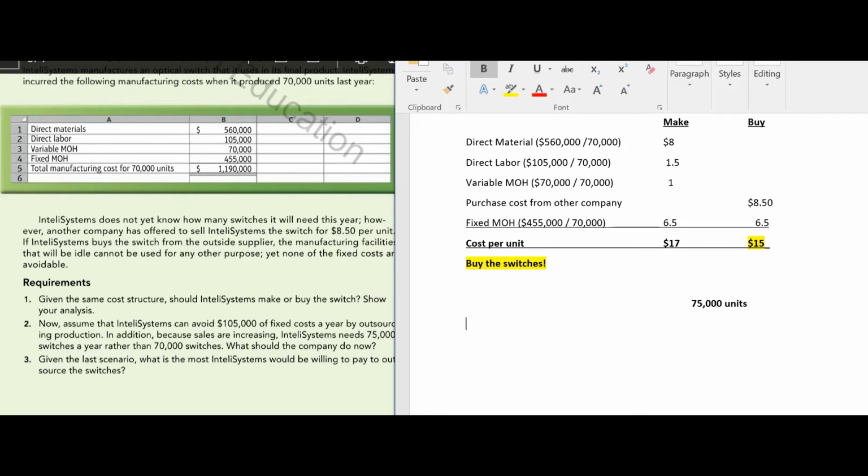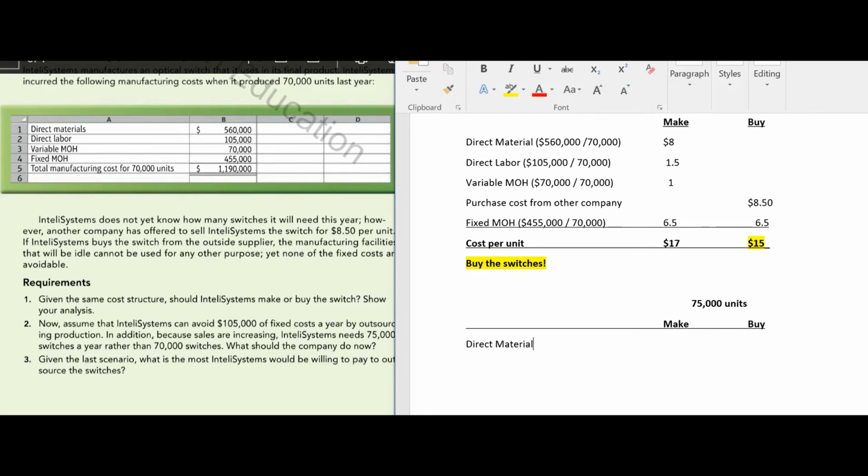Now let's do it for 75,000 units. So what would be the direct material cost if they make it? Again, we will do one column for make and another column for buy.